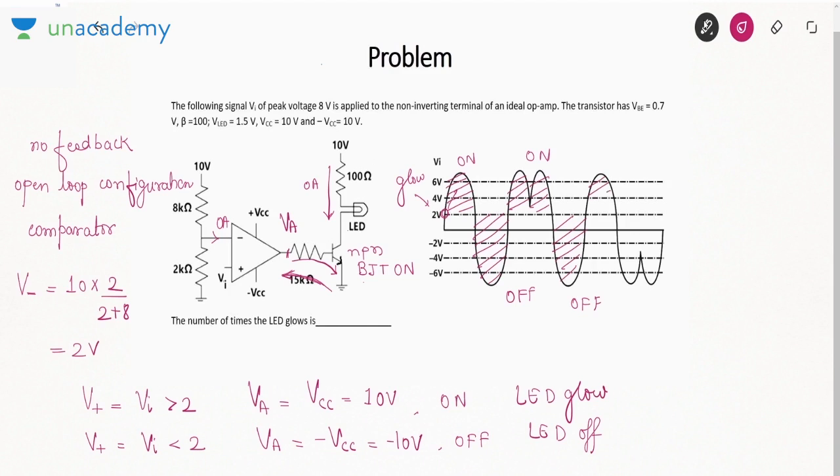Again greater than 2, it will be on. Again less than 2, it will remain off. Okay. Now see, first time it is glowing at this point, then second, then third. So it will glow how many times? It will glow 3 times. Glowing 3 times means you have to count how many times the LED goes from off state to on state. That is, it was off, how many times does it become on? So it becomes on 3 times.